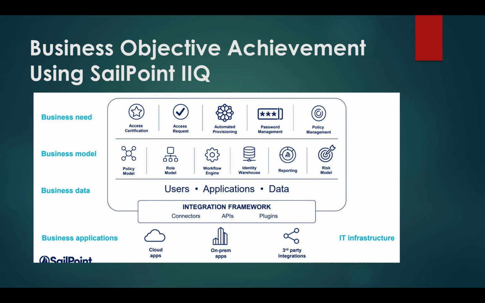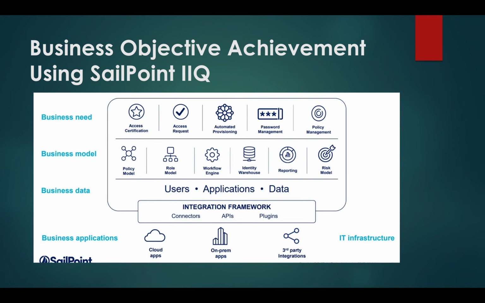By the use of these models, the business data SailPoint can utilize are the users, applications, and data. Applications act as a source of employee information, and based on this employee information, SailPoint will create identities on the SailPoint side. An identity in SailPoint is actually the digital representation of user records in the enterprise applications.